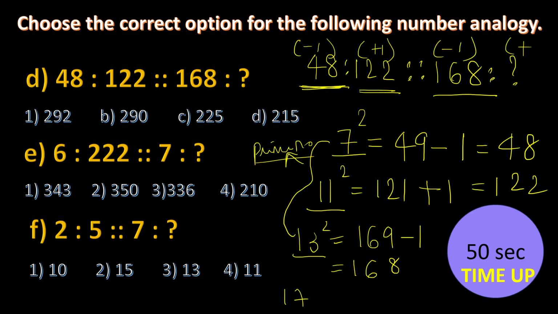So next will be +1. So 17 square is 289. 289 plus 1 will give you how much? 290. So the correct answer will be B, that is 290.